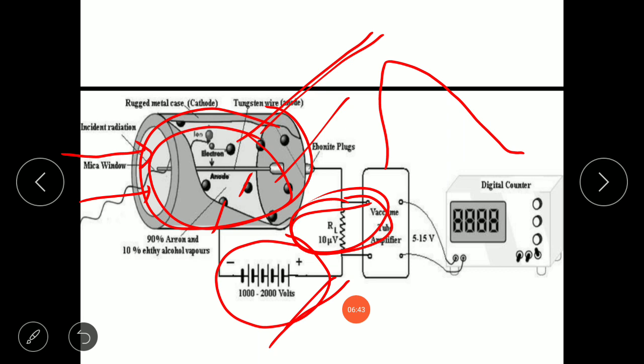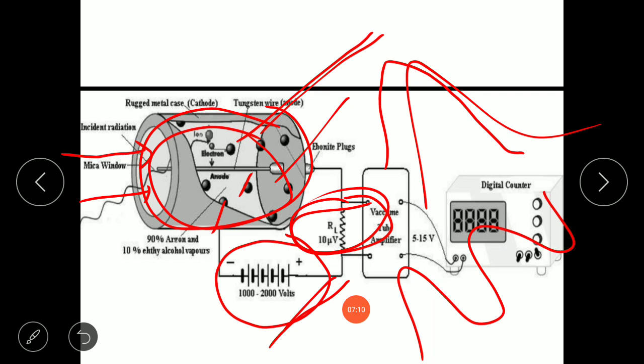Now if radiation enters the tube again, the ionization starts and a current again flows through resistance R, giving an output voltage. This way a series of alpha or beta particles, gamma radiations or bursts of gamma rays cause a series of current pulses to pass through the anode circuit of the tube and hence through the resistance.